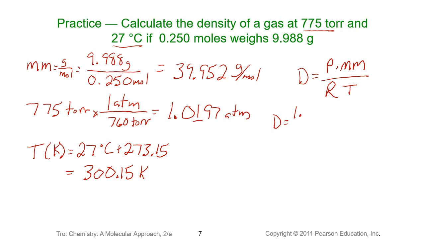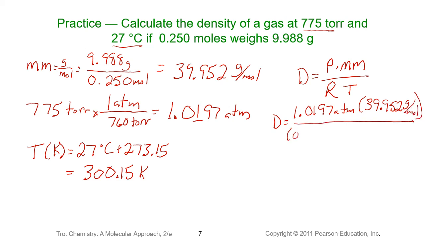So our pressure, 0.10197 atmospheres. Our calculated molar mass, divided by the ideal gas constant, times the temperature of our gas.